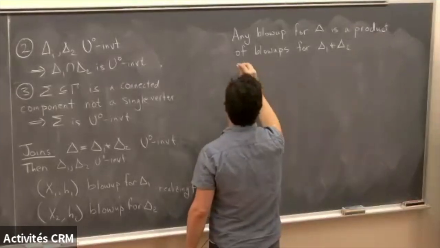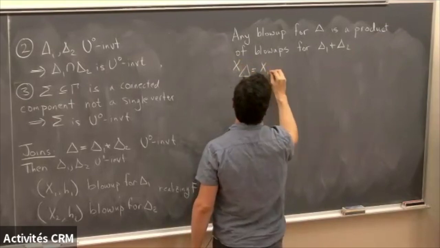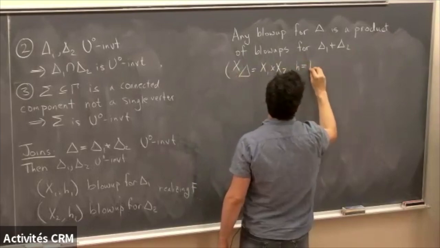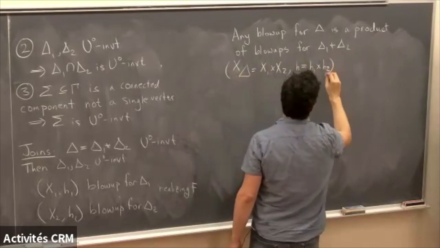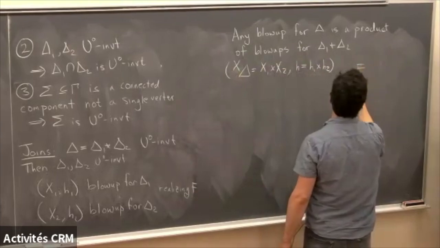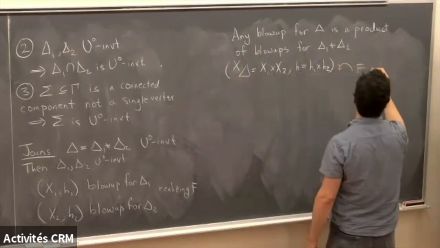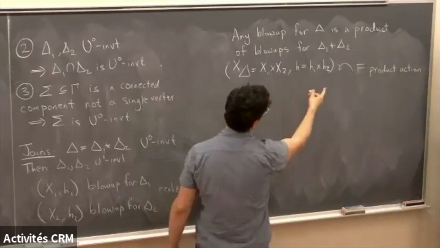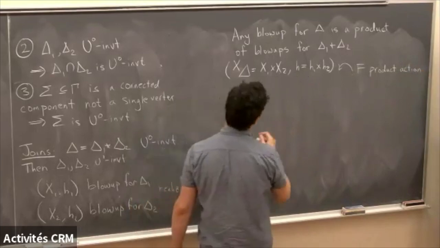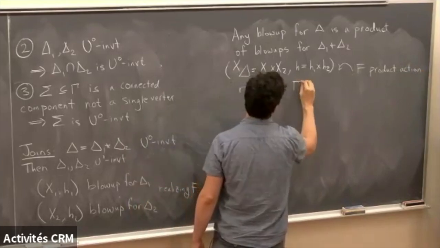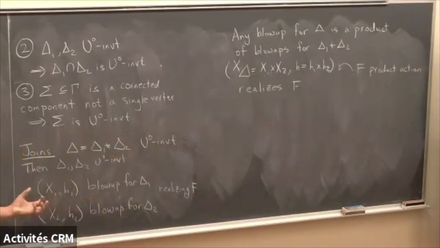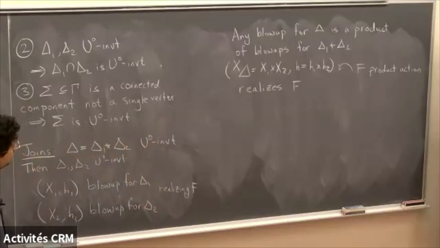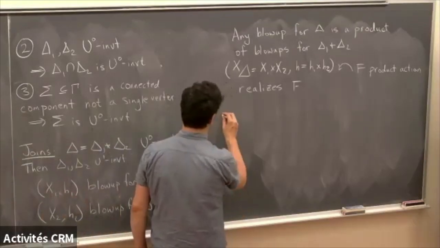So then if I define X delta to be X1 cross X2, and I give it the product marking H1 cross H2, and then I let F act on here by the product action, then this will realize the F on this marked complex. Okay. So if you have a join and you know how to build it on the pieces, then you can blow up on the product. Okay, so that was one case.